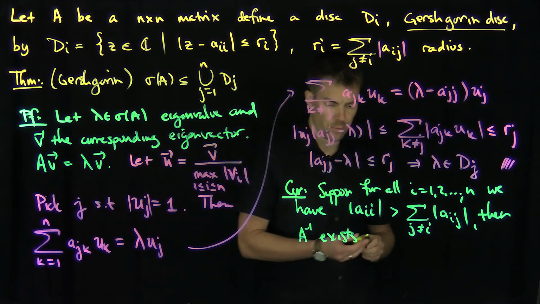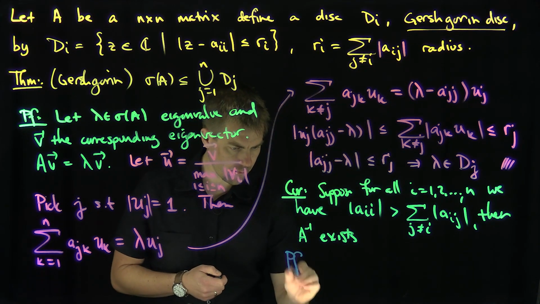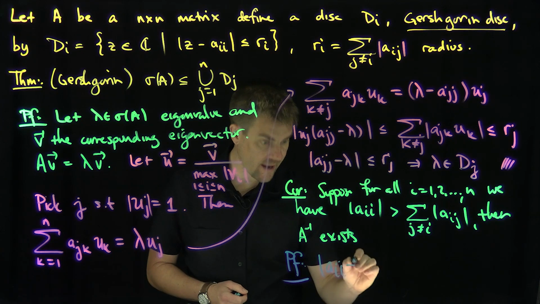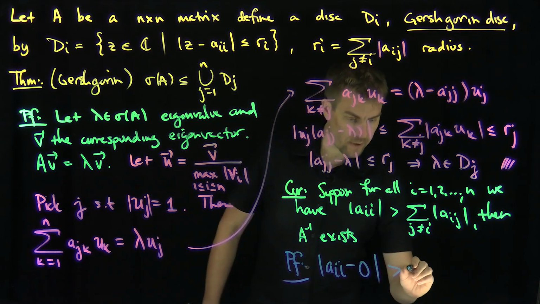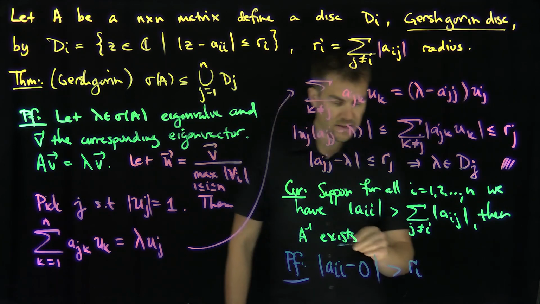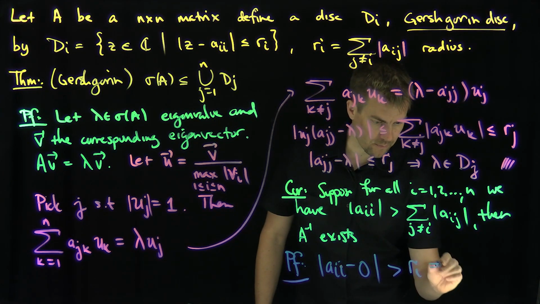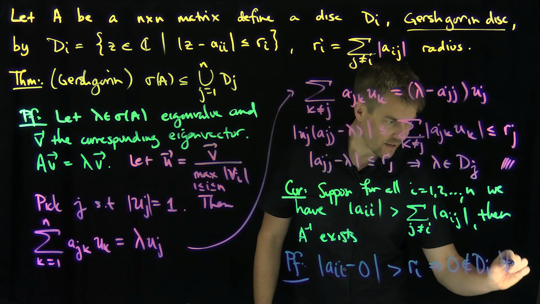And the proof, of course, is straightforward. The proof is elementary. The proof goes as follows. For any i, |a_ii minus 0| is strictly bigger than r_i, which means that 0 resides in none of these disks. In other words, 0 is not in D_i for every i.